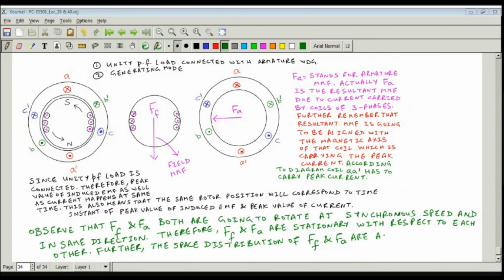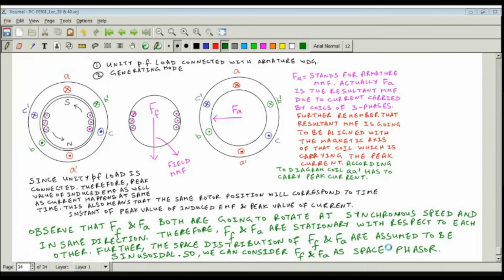So we can take them as space phasors. We can consider FF and FA as space phasors. So this is the background work which I am doing.